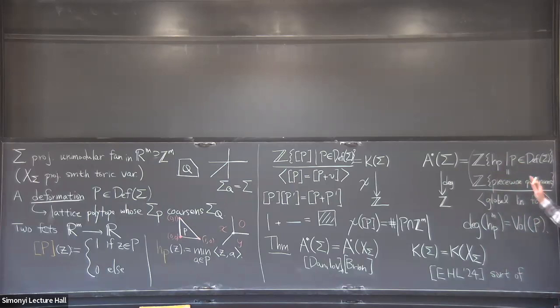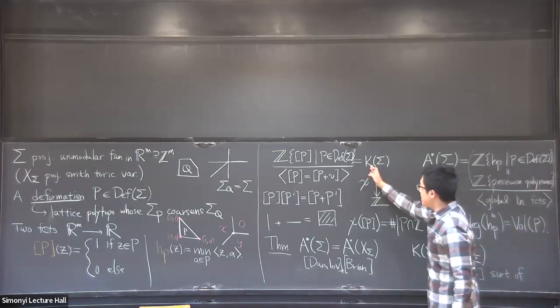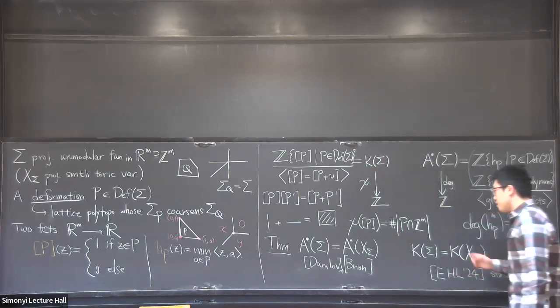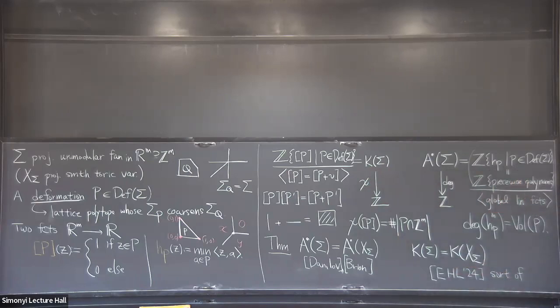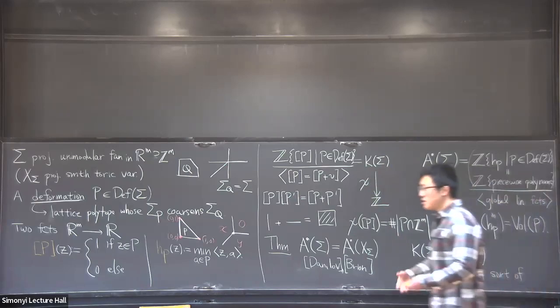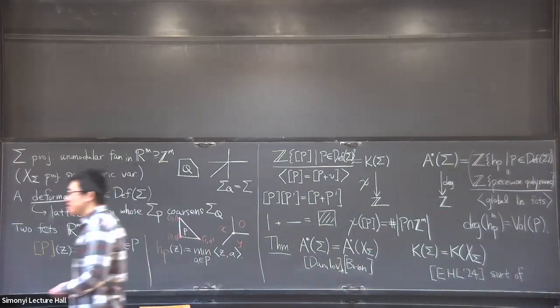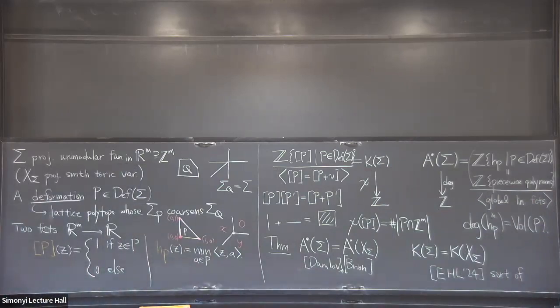As exactly stated here, it appears in the appendix of my paper with Junie and Matt. But the ideas were there for quite some time, and we wrote down that this really is a description for the K-ring of the smooth projective toric variety, even over integral coefficients. That's one place, but it's been in the literature for quite some time.